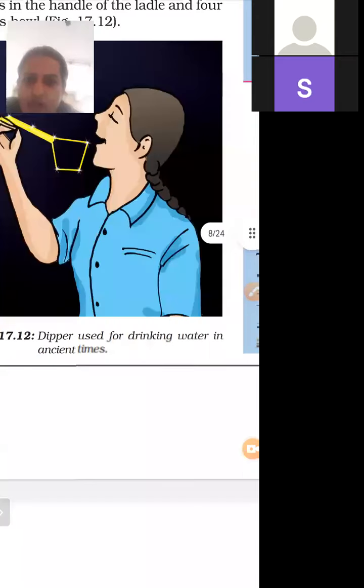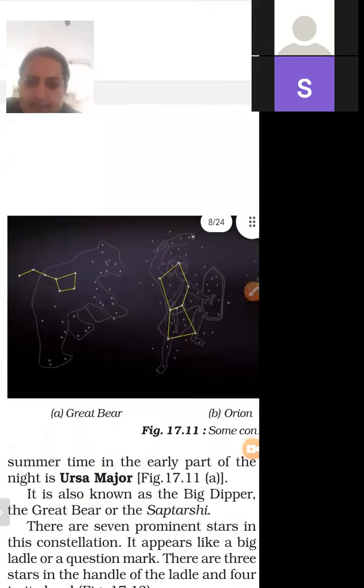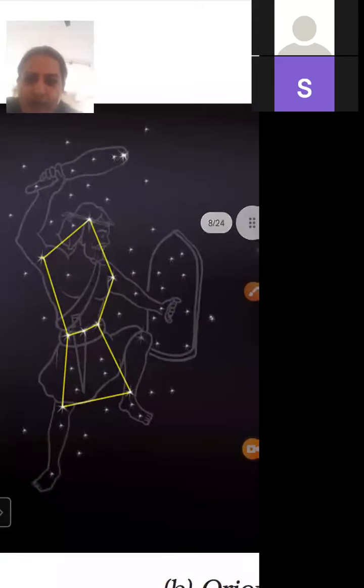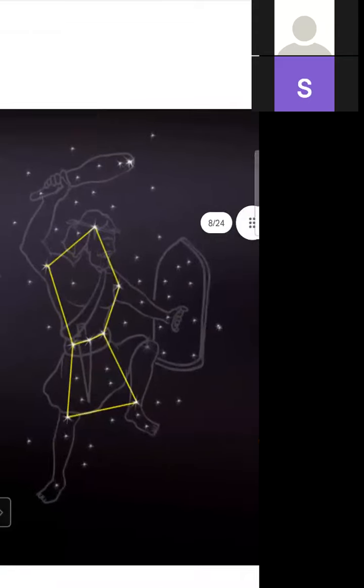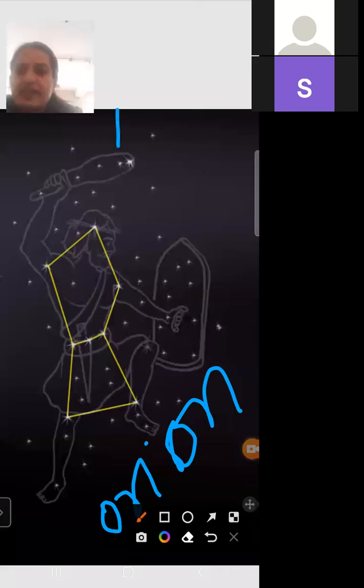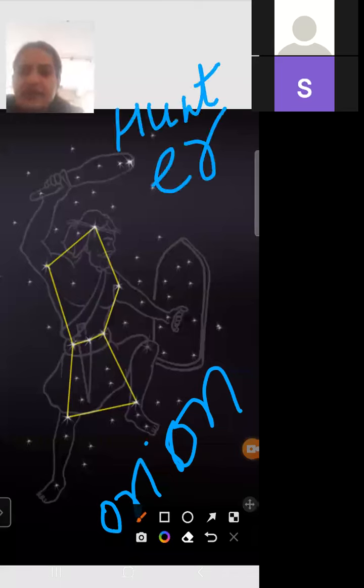This is the picture of Orion constellation. What is another name of this constellation? Hunter is another name of Orion constellation.